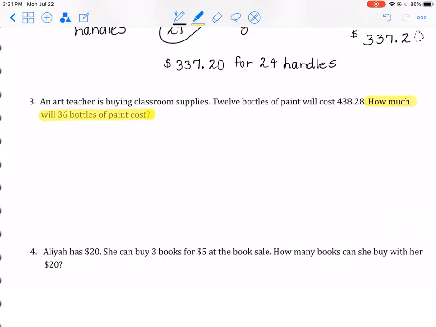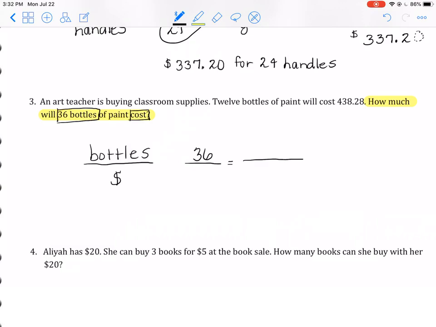You always want to look at that and then go with the unit. So you've got 36 bottles and the word cost. So my proportion is bottles and money. And we know that we want 36 bottles, but we don't know what the price is on that yet.